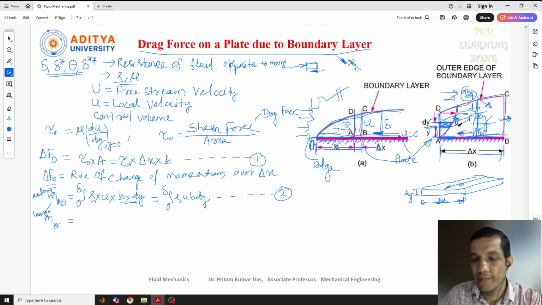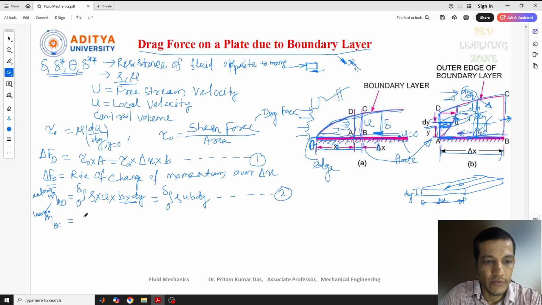Some portion will enter through the CD side, which we don't know, but we can assume that in this control volume some amount of fluid will be present through this CD, and some distance is there with respect to which we can consider it. How much fluid has already entered, with respect to some delta x length, will also be considered.